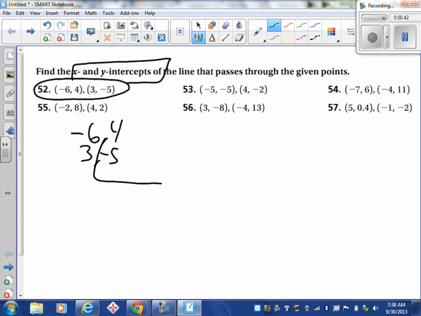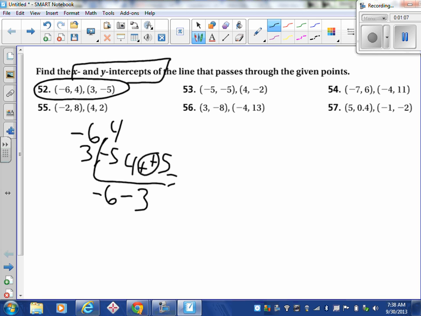So now when I do my L, I'm going to take 4 minus a -5, and then on the bottom we're going to put -6 minus 3. 2 negatives, a negative turns into a positive, so that's 4 plus 5.